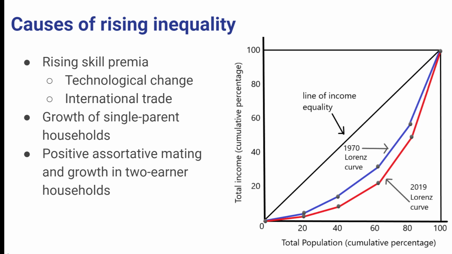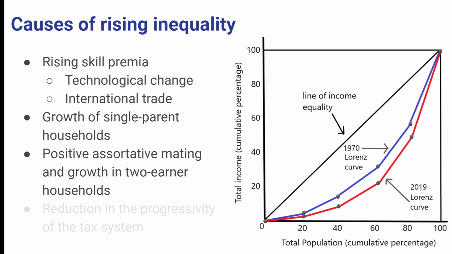What this means basically is that the correlation of each of the partners in a relationship tends to result in a growth in income inequality, because high-income people marry other high-income people, which when they're both working, leads to a much larger increase in earnings, while low-income individuals tend to marry low-income individuals, which tends to result in substantially lower income. So the combination of positive assortative mating and the growth in two-earner households over the last 50 or 60 years are two factors that have also contributed to the growth in income inequality.